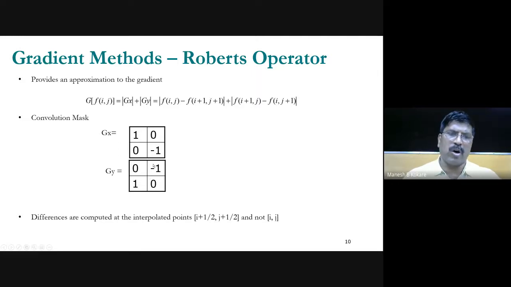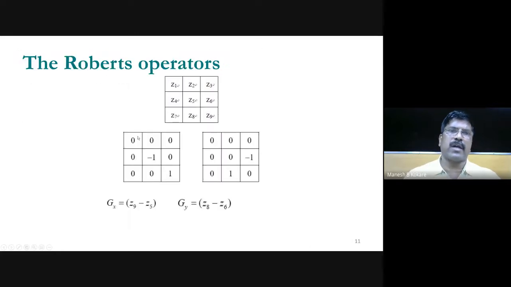So this is your Roberts operator. The differences are computed at the interpolated points, that is i plus 1 divided by 2 and j plus 1 divided by 2, and not at i, j. You can extend this Roberts operator to 3 dimensions also.